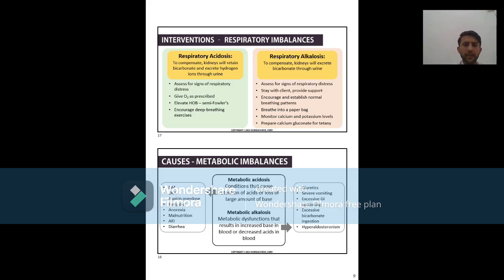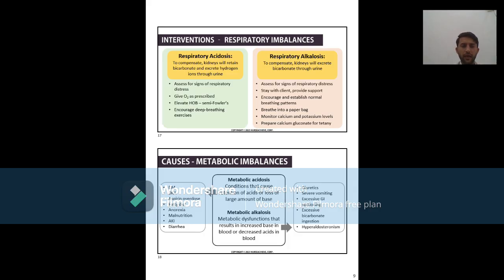Excessive bicarbonate ingestion: as we talked about earlier, bicarbonate is basic in nature. If we consume too many antacids like baking soda or calcium carbonate, it floods the digestive tract and bloodstream with alkaline substances. This directly overwhelms the kidney's ability to excrete the excess base, raising blood pH.